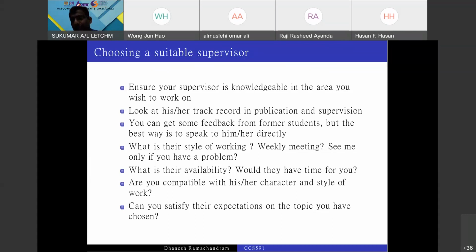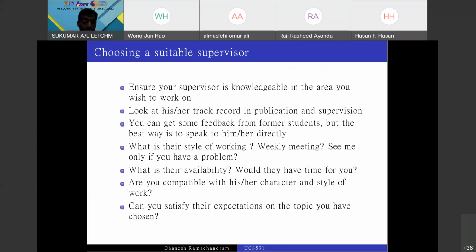Will they have time? As I mentioned earlier, if your supervisor is a dean, a VC, or has a very high administrative role in the school, therefore you have less time with him. Next, are you comfortable with his or her character and style of work? Some students prefer a different gender.